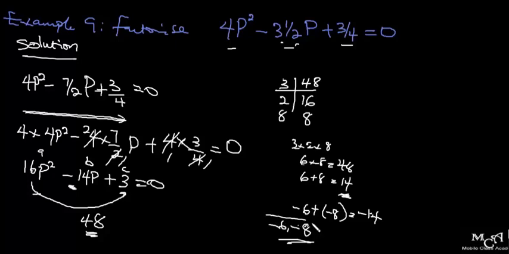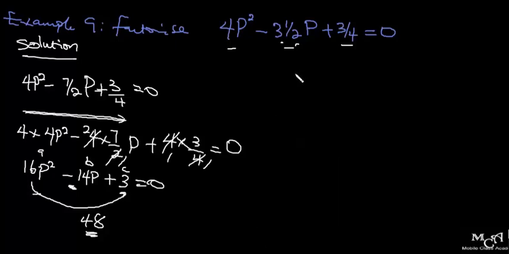So these values are my replacement. Let's clear the board. So I have 16p squared, negative 8, negative 6 as my replacement for negative 14. So I'm going to do negative 8p, negative 6p plus 3 equals 0.